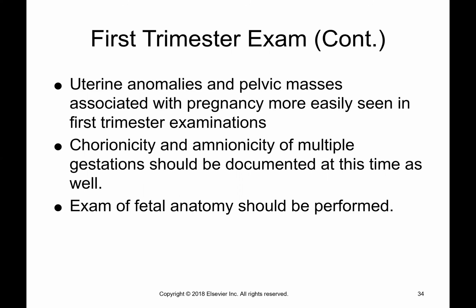Basically that's saying, are they fraternal? Are they identical? The reason we can tell that is because of how many gestational sacs they have versus how many placentas they have. And it's just easier to see in the first trimester. Again, we'll go over this in more detail in the upcoming chapters.